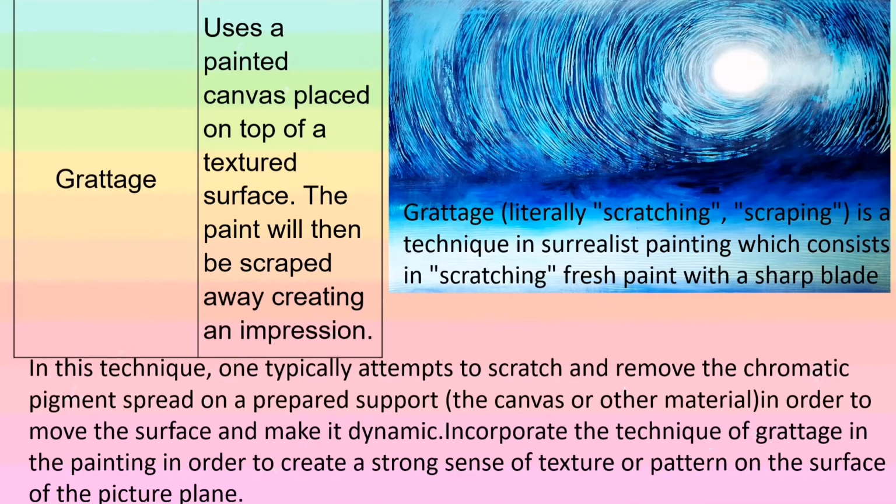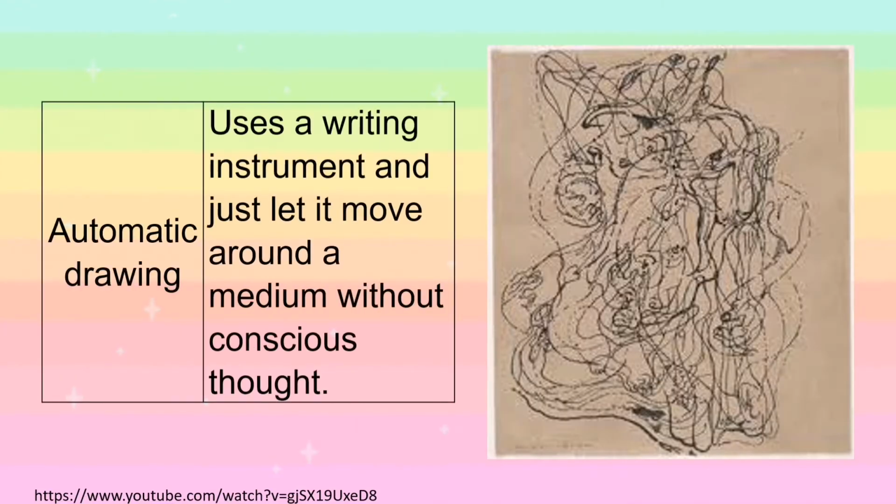So typically it attempts to scratch and remove the chromatic pigment spread on a prepared support, the canvas or other material, in order to move the surface and make it dynamic. Incorporate the technique of gouache in painting in order to create a strong sense of texture or pattern on the surface of the picture plane. And we have our automatic drawing.